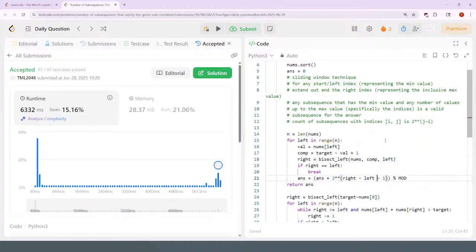I mean, you can preload the powers of 2's rather than recalculate powers of 2 each time. So you have an index that is powers of 2. I wonder how slow this operation is actually.